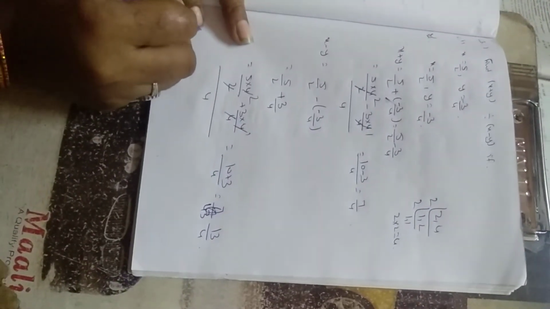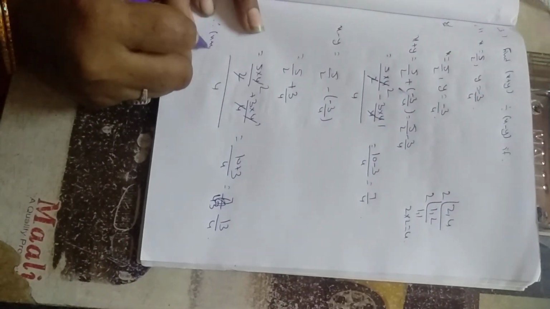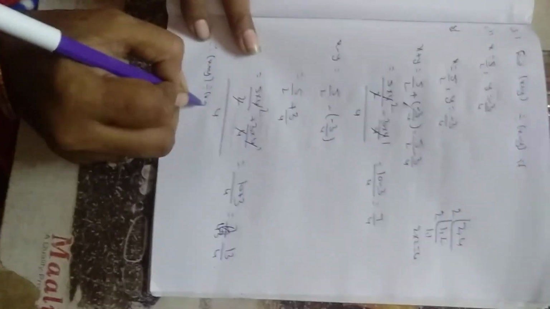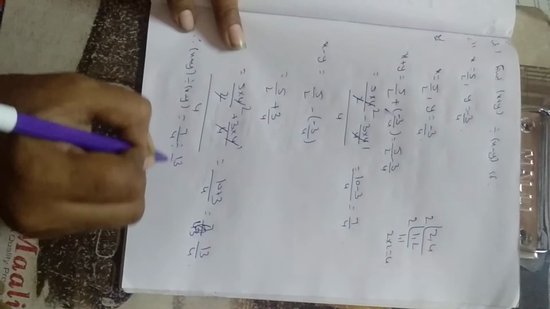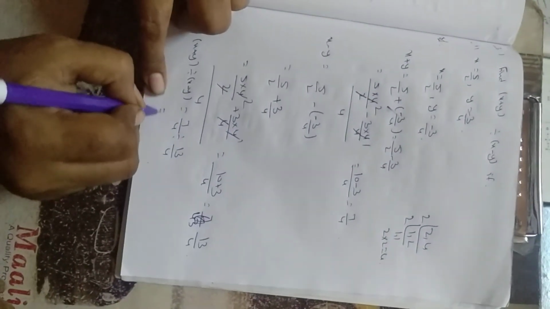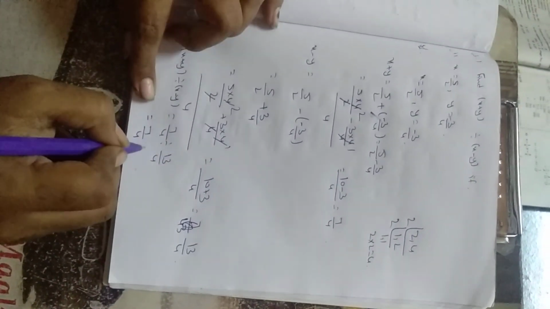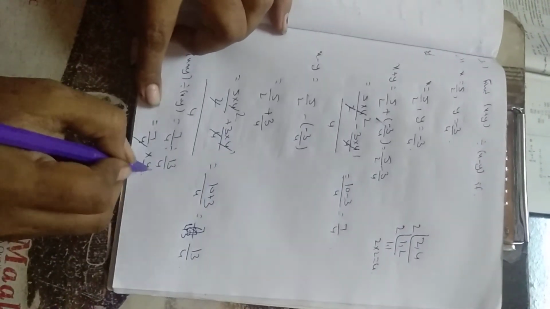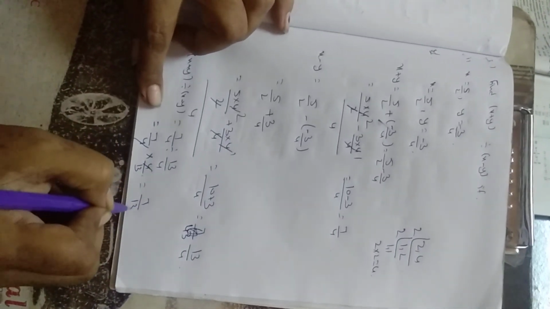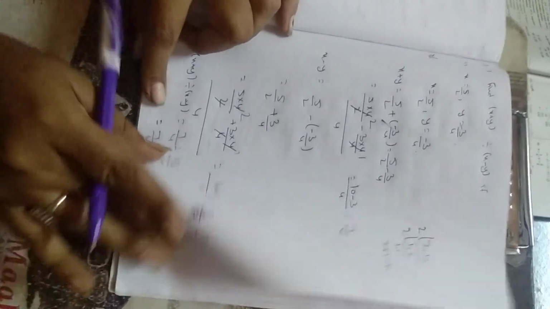So according to the problem, x plus y divided by x minus y equals 7 by 4 divided by 13 by 4. So 7 by 4 division, we can write the reverse, 4 by 13. 4 4 cancel, that equals 7 by 13. So the problem is solved.